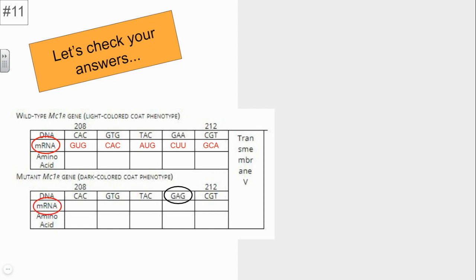Filling in the mRNA sequence for the mutant gene, remember that the only codon that will be different is the one where we have the mutation in the DNA. So we can fill in all of the rest of the codons, just copying them from above, and find that the new codon in our mutant type is CUC.